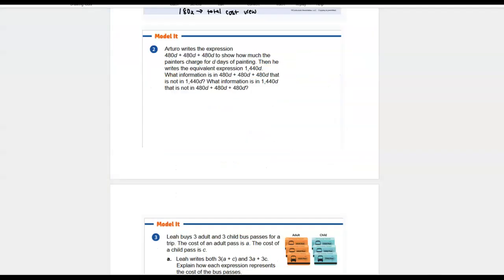Arturo then decides, hey, we're going to do a different expression for the amount of days painting, right? And so, kind of similar here, 480D plus 480D plus 480D represent what each painter costs per day.